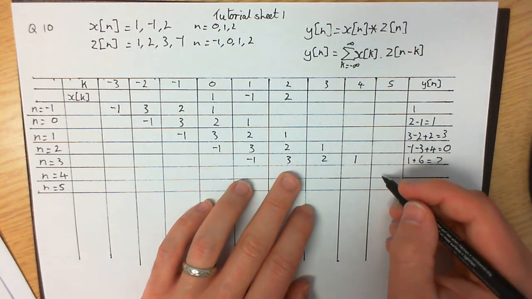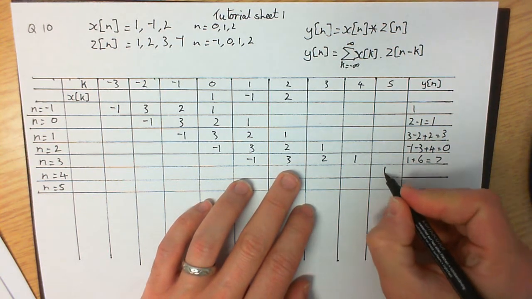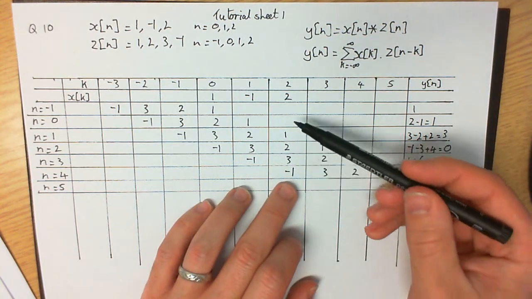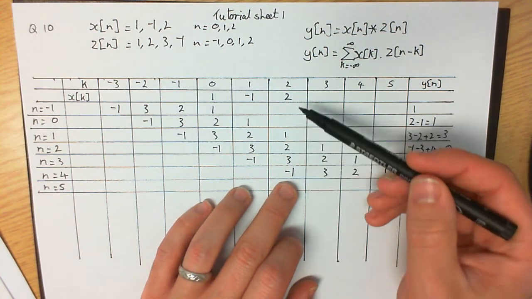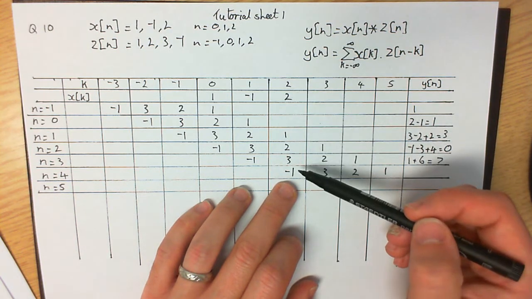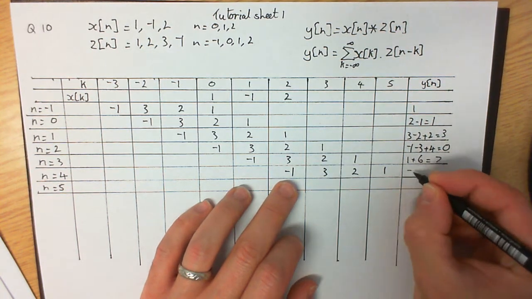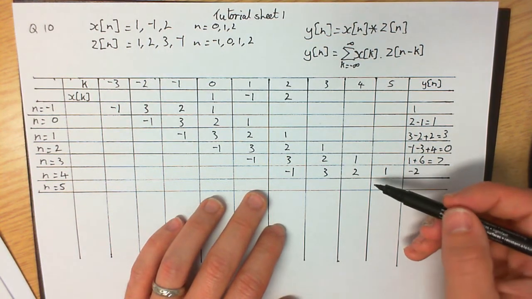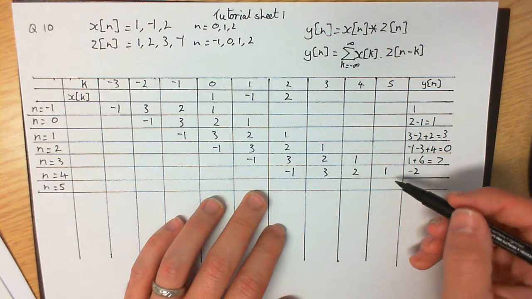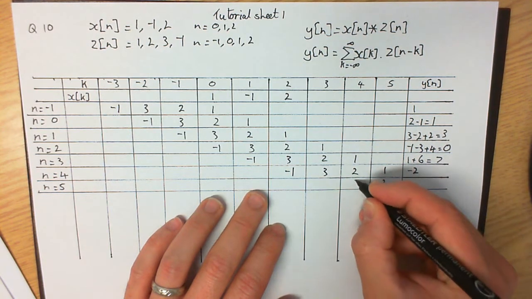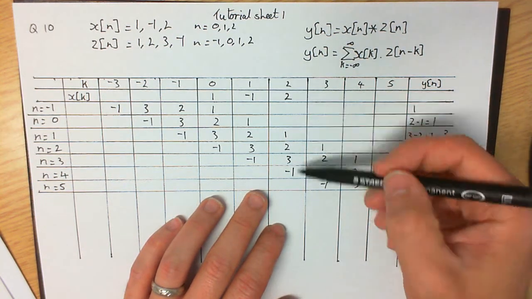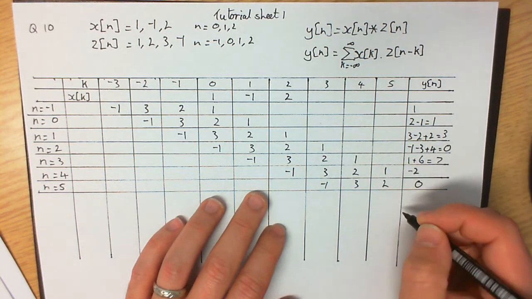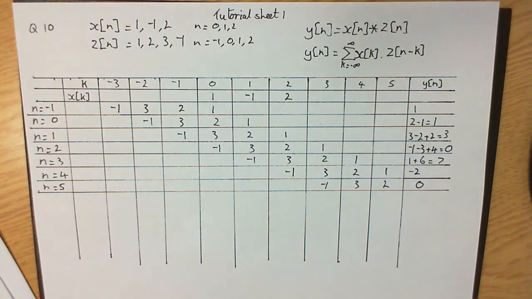If we shift it across one more, now here we only have one non-zero component, which is 2 multiplied by minus 1, which is minus 2. And if we move it across one more, well, the function disappears and there are no longer any non-zero components, so it goes to 0 at that point.